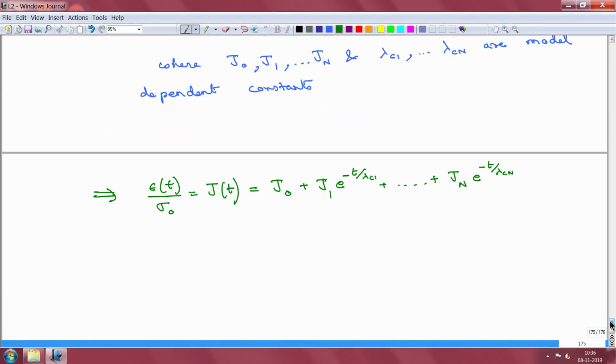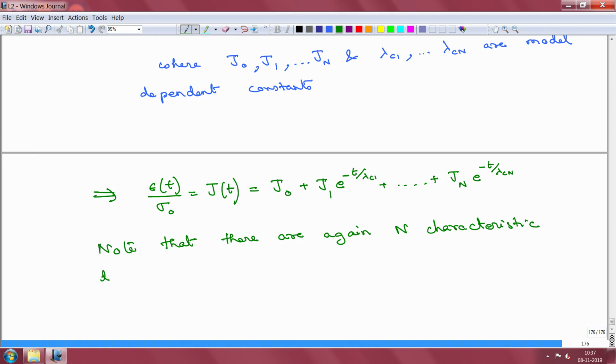Okay. So, note that there are again n characteristic time scales in the system. There are n characteristic time scales in the system, and these time scales are not different from the ones that we had for the stress relaxation function.